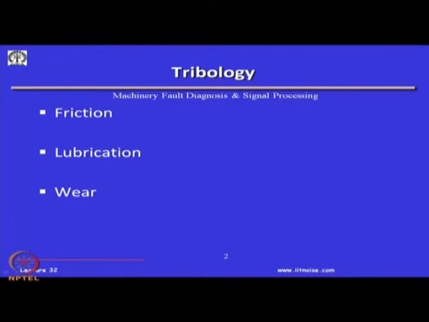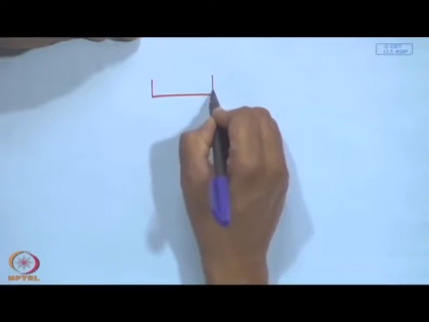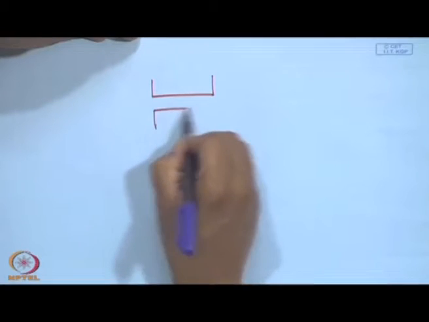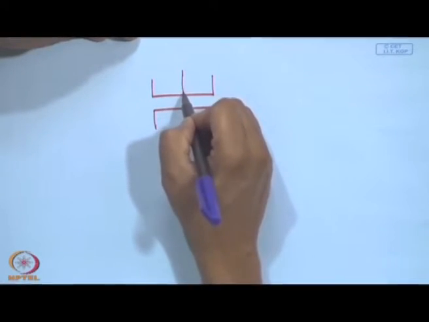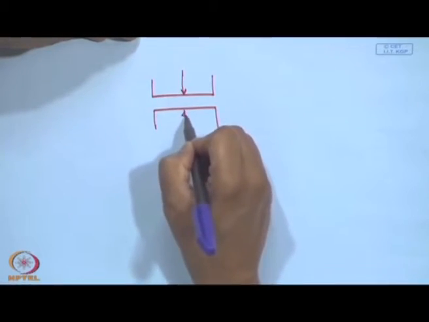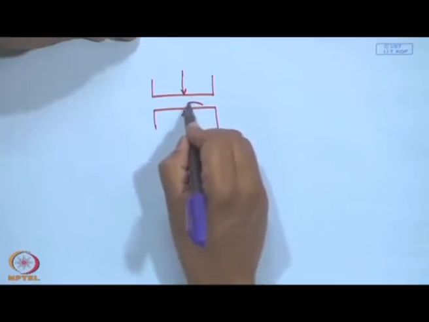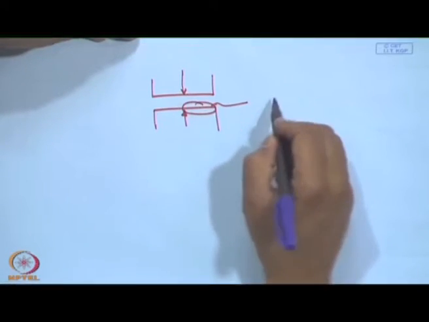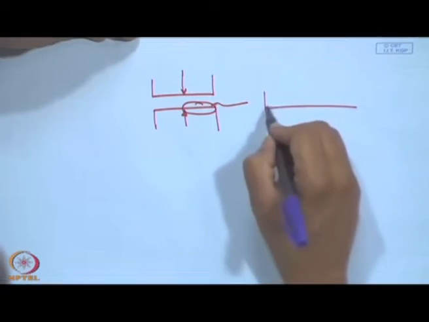As you know, tribology is the study of friction, lubrication and wear in mechanisms or machines. For example, when we have two machine members interacting with each other, there is a normal force on them, and these surfaces may not be smooth, as I showed you in the case of the bearings.